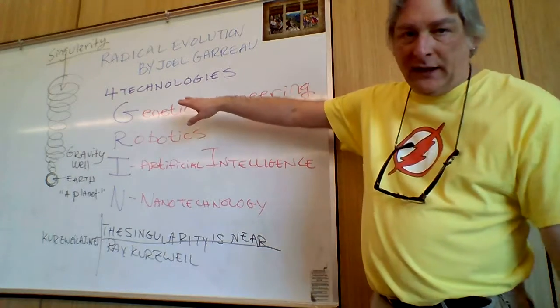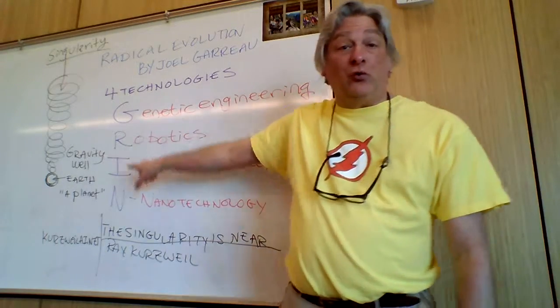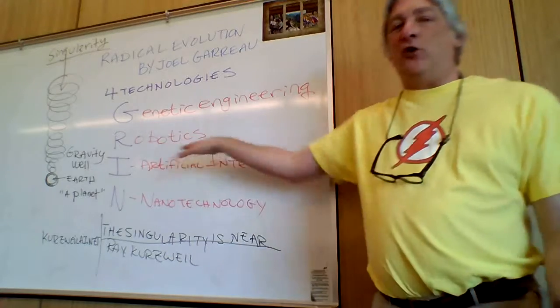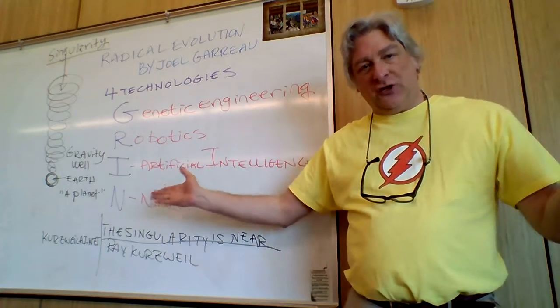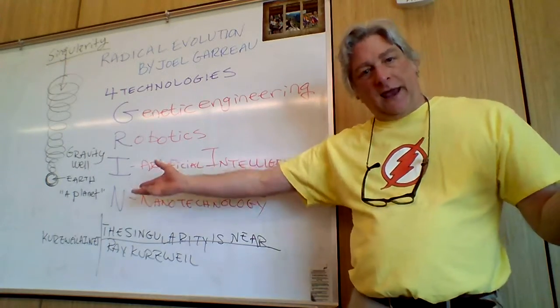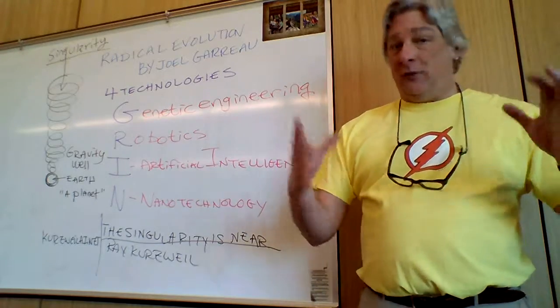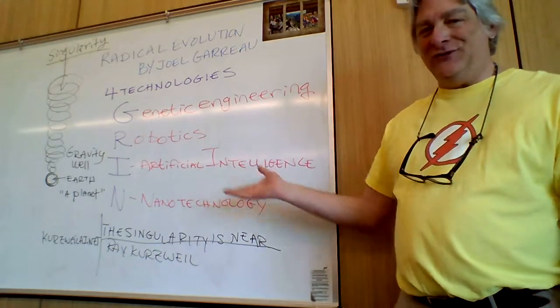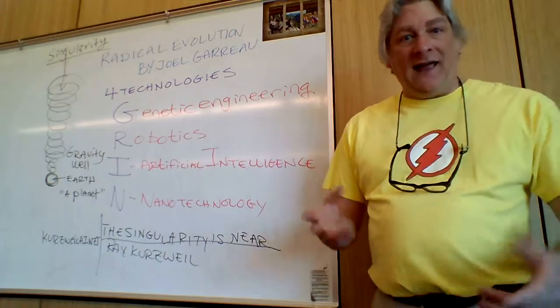The technologies are known as the GRIN technologies, and you can see he kind of forced it because artificial intelligence doesn't start with an I, it starts with an A, but to get the acronym GRIN, he used it as his I in GRIN.